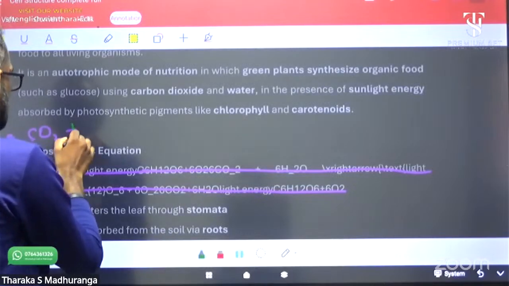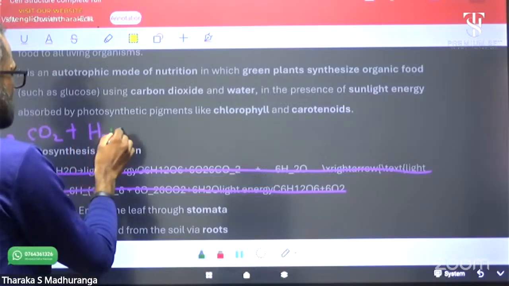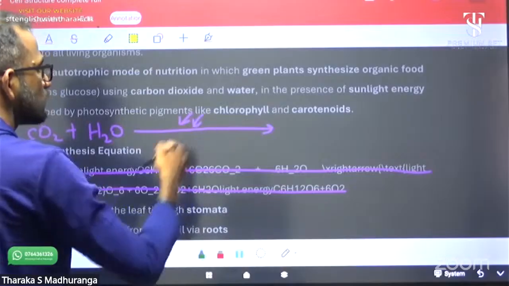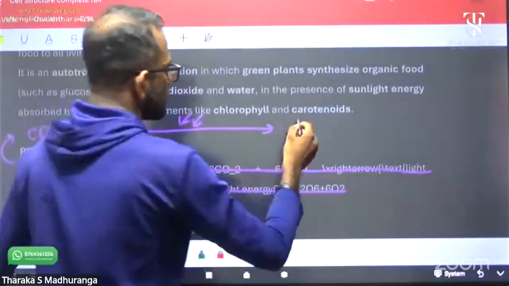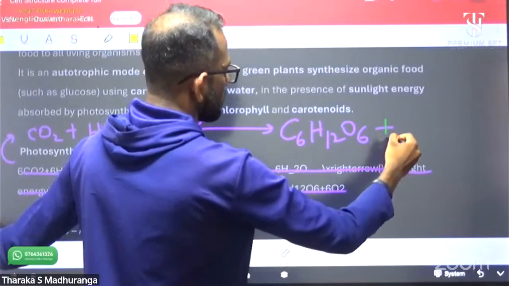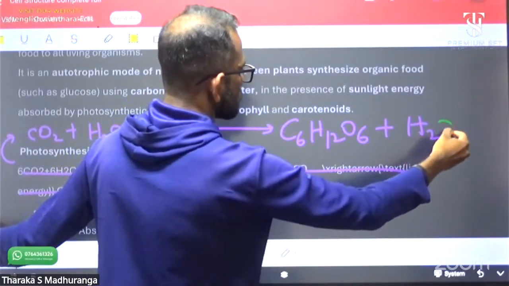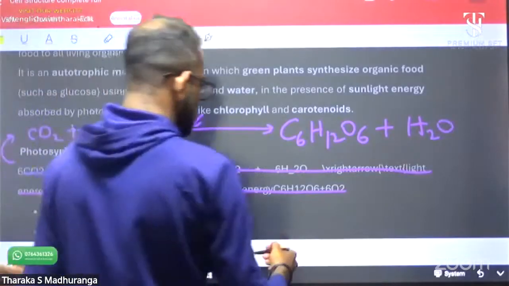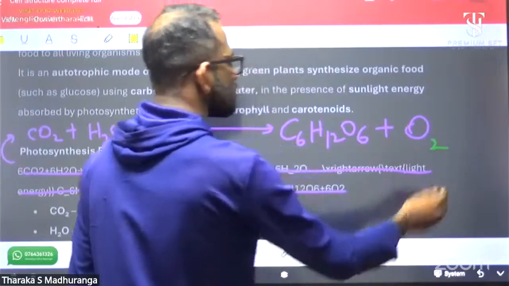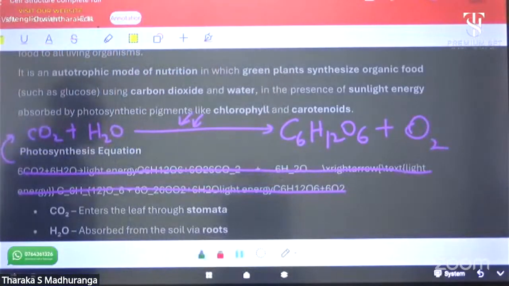CO2 plus H2O, using sunlight, it's converted into C6H12O6 plus O2, not H2O, oxygen. Producing oxygen, releasing oxygen.